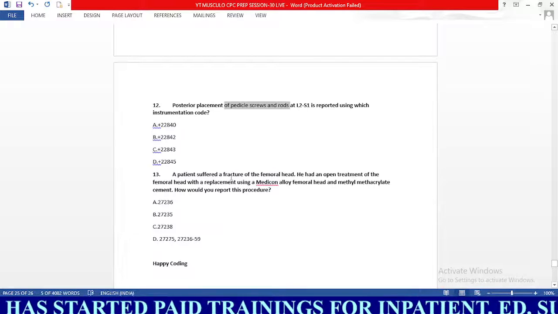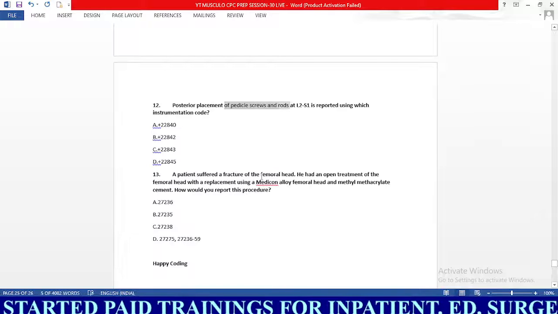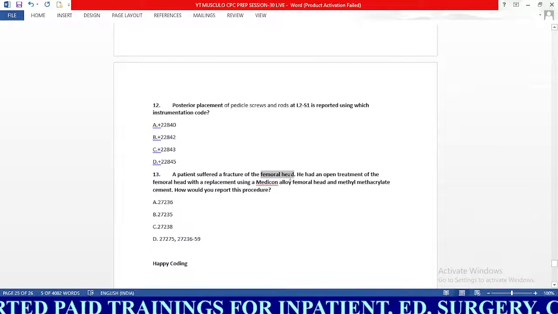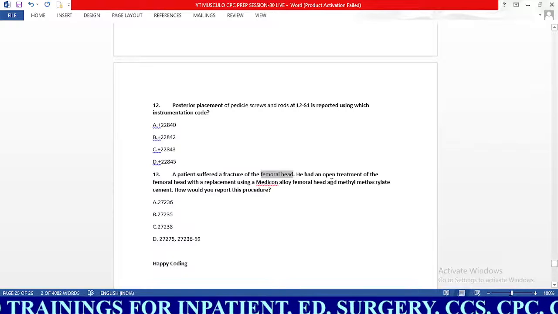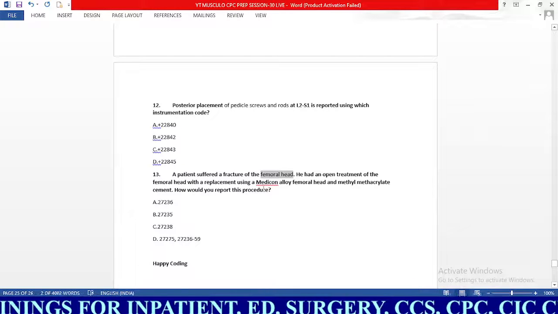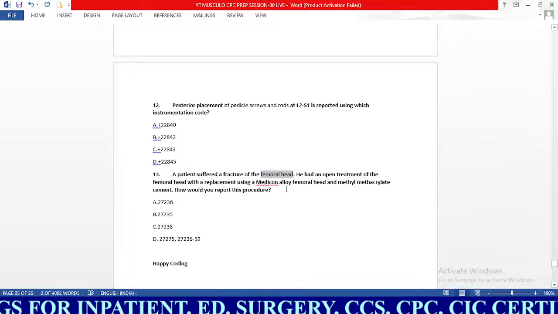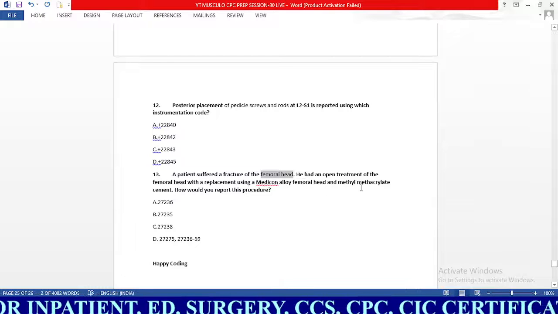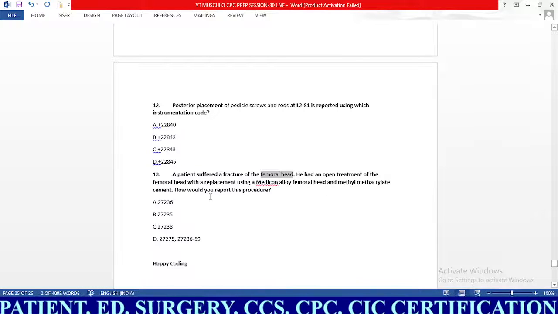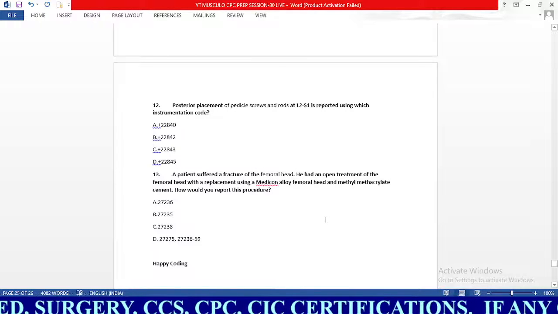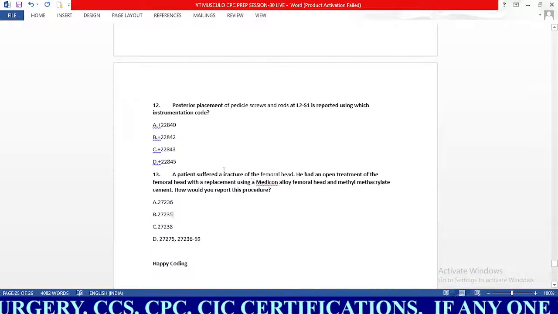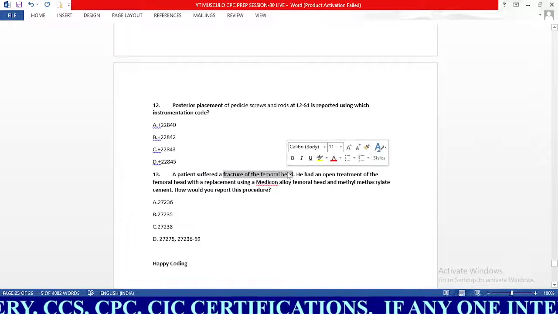A patient suffered a fracture of the femoral head. He had an open treatment of the femoral head with a replacement using Medican alloy femoral head and methyl methacrylate cement. How would you report this procedure? Here we need to find the keywords first. Our first keyword is fracture of the femoral head.